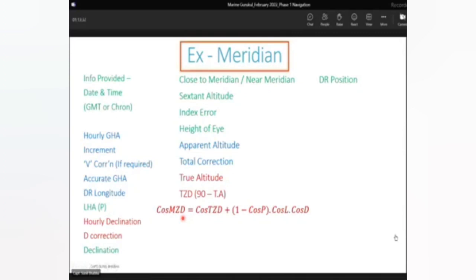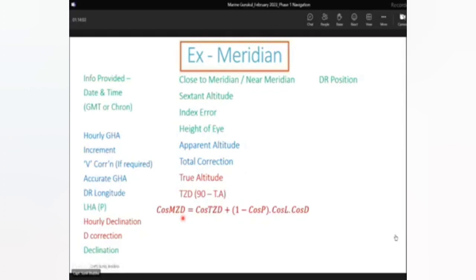Now it was very important in the olden days to get a Merpass sight, because our passage calculation, which is also known as day's work, was based on the noon position, the Merpass position, and we used to calculate the distance traveled, distance made good, engine speed, all these things, the distance remaining, what is the fuel.